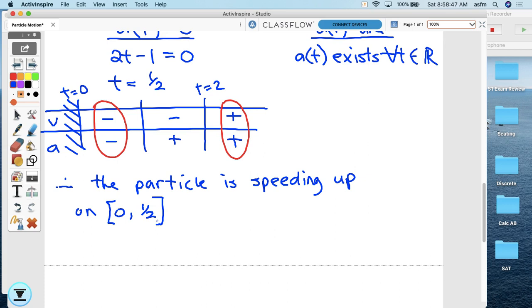And a common question is, should this be square brackets or round brackets? Should the interval be inclusive or exclusive? Different mathematicians have different opinions on this, but on the AP exam, we'll accept either. So from 0 to 1/2, and why is it speeding up there? Because velocity and acceleration are both negative.